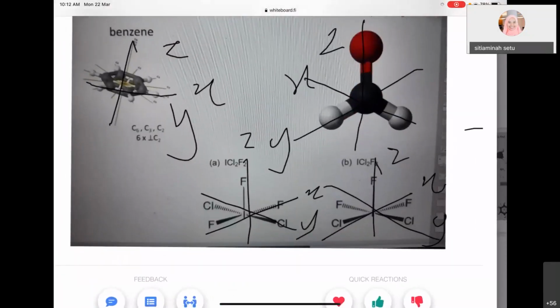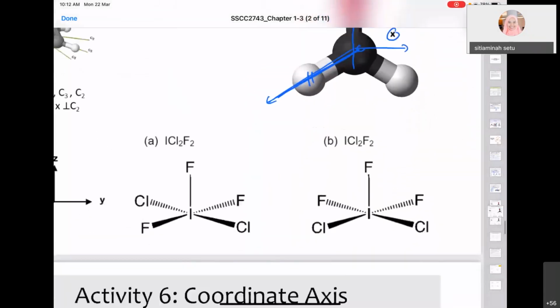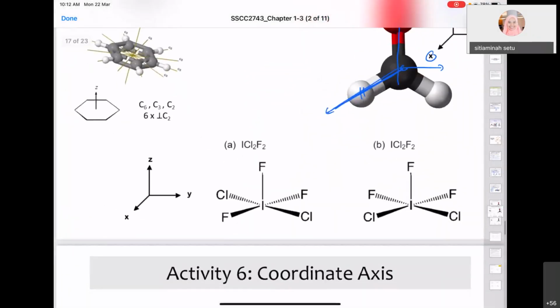Okay, so cis and trans ICl2F2. Okay, so for here, the Z axis is between I dengan F, kemudian ada Z dengan Y. Okay. So ni sama juga.